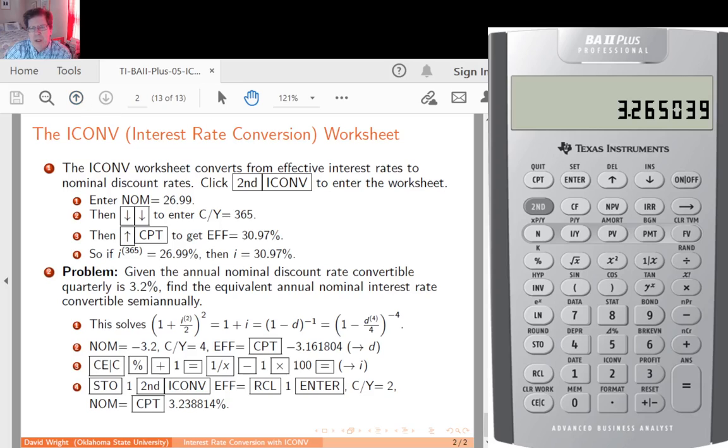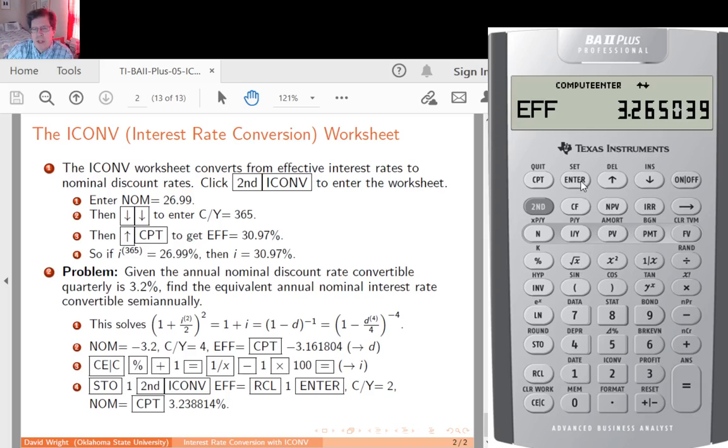Okay, so the thing is, we don't have the semi-annual rate yet, and we have to get this back into the interest conversion. The easiest way to do that is to store it. So I'm going to store this in memory 1, and then we're going to go into the interest conversion, go to effective and say recall 1.